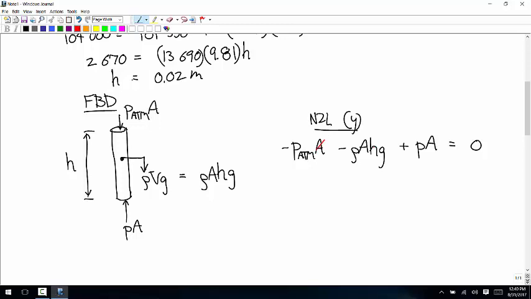And all the A's now, you can divide both sides by A, and you get this equation that says P is equal to P atmosphere plus rho g H, which is what we started with in the other approach. What? Rho, yes. Dang it.